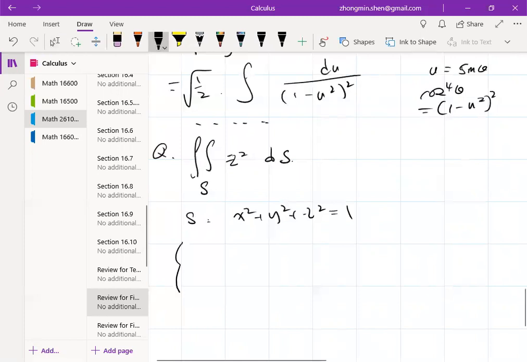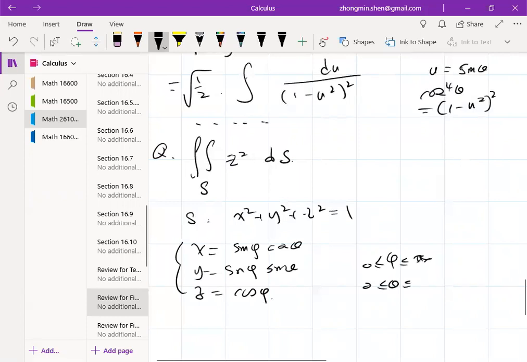So you get x equals sine phi cosine theta, y equals sine phi sine theta, z equals cosine phi, where phi is between 0 and pi, and theta is between 0 and 2 pi.